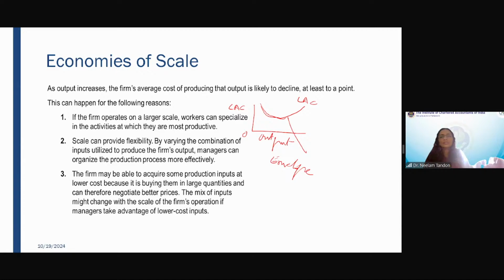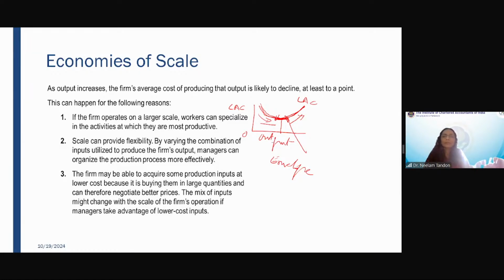Okay. Now the question is why LAC here? Why LAC is decreasing here? Why LAC is constant here? Why LAC starts increasing here? So we had shared optimum point. Optimum point is here. इसके लेफ्ट में LAC कम हो रहा है, इसके राइट में LAC increase हो रहा है. So that is why it is the optimum point.